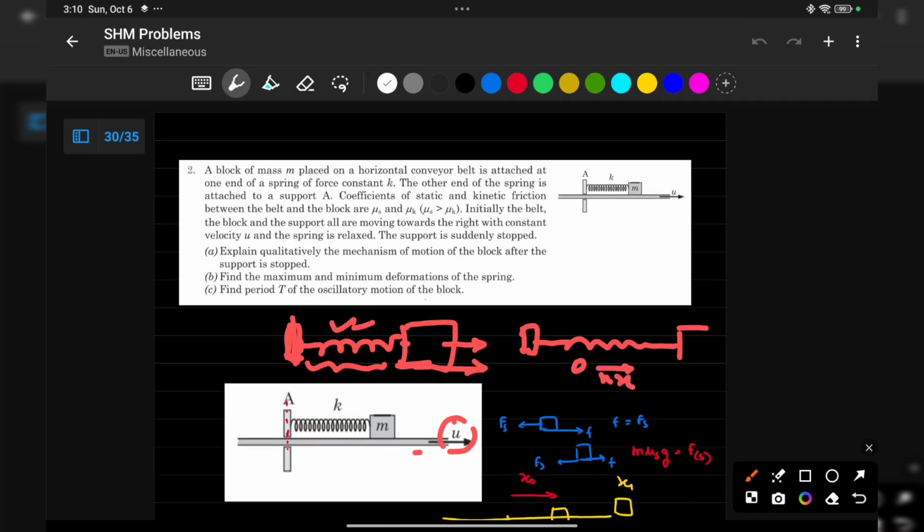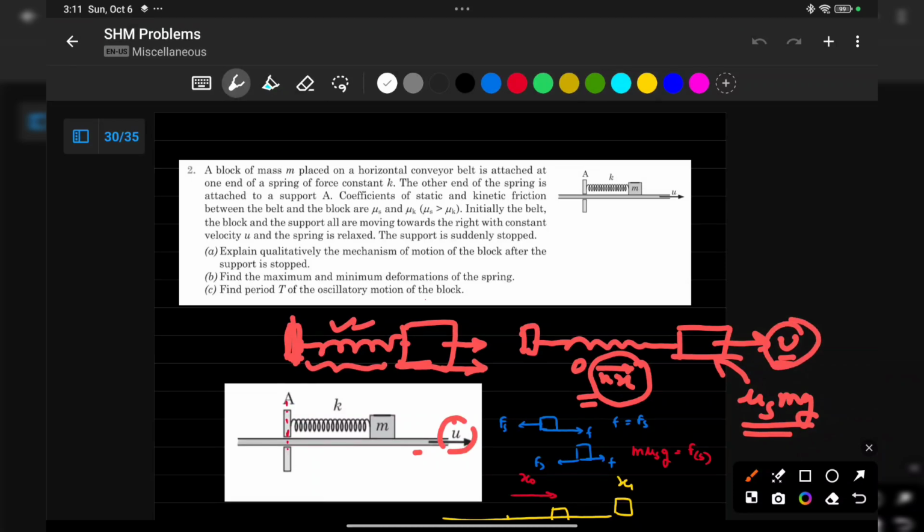But then at a point, does the velocity of the block change? The answer is no, because there is a certain friction value, that is mu s mg. What is the maximum friction that can work on the body? Until your spring force is equal to that, you cannot say that the velocity of the block will change.